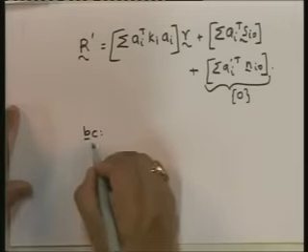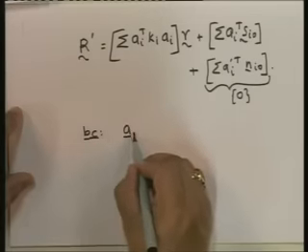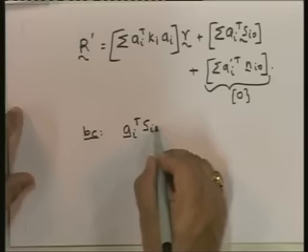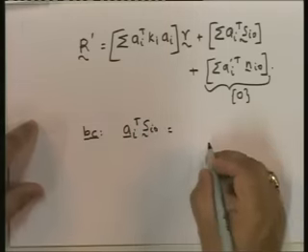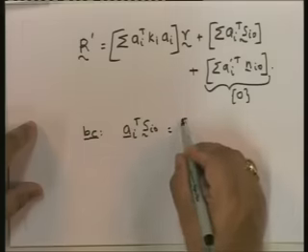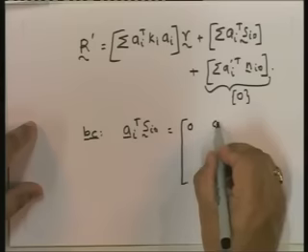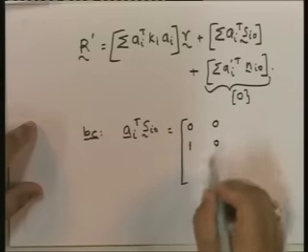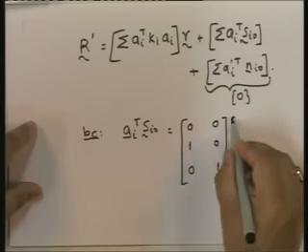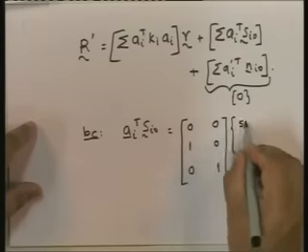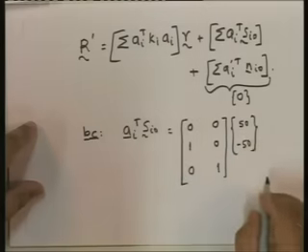For BC, which is the only one, Ai transpose Si 0 is going to be equal to, Ai transpose would be [0 0 1; 0 0 1], and Si 0 we've already seen was equal to 50, minus 50.